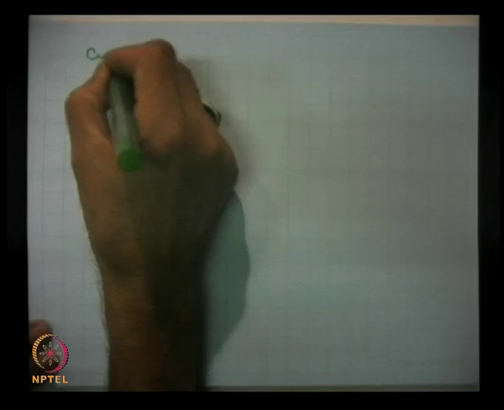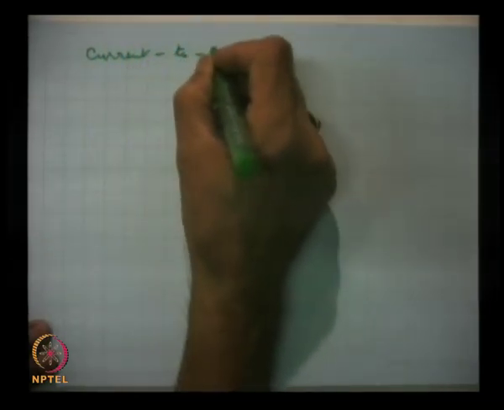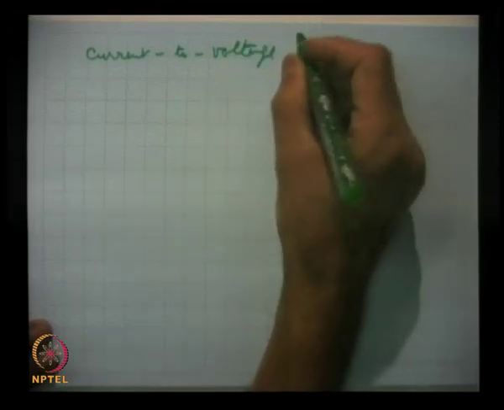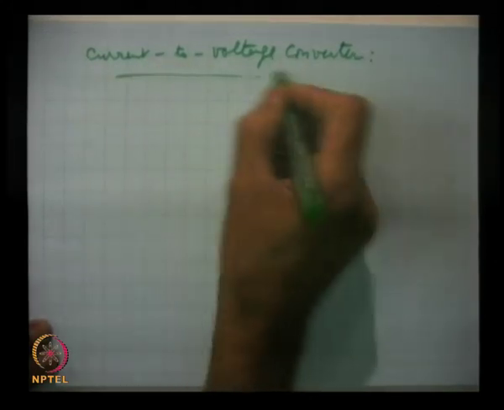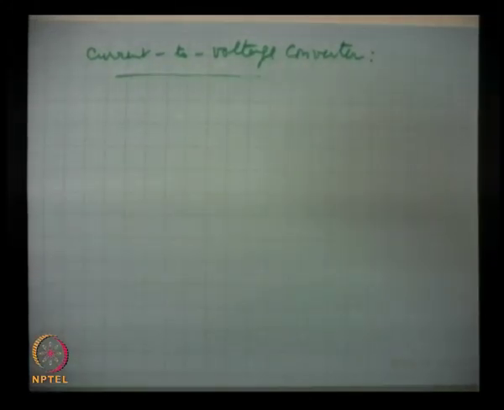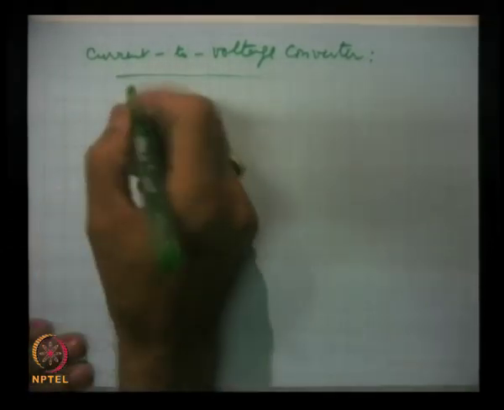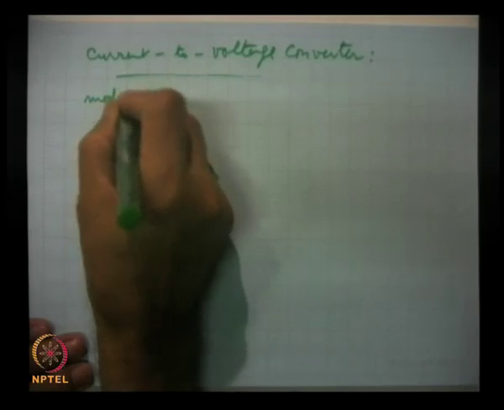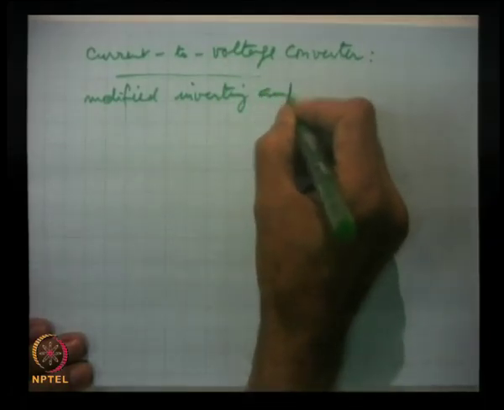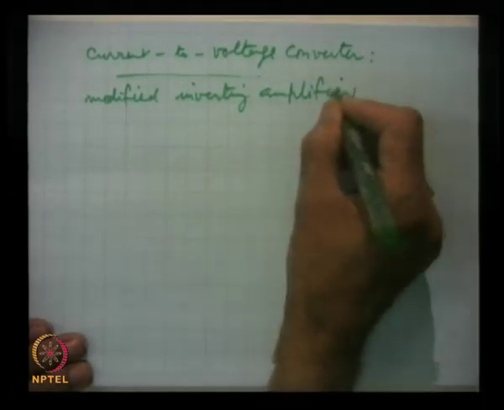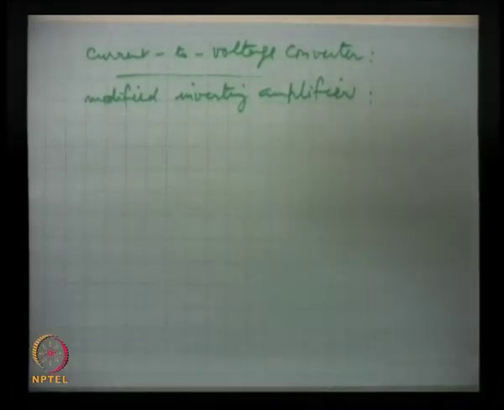Another example let us take, and that is of current to voltage converter. This is a modification of the inverting amplifier, a modified inverting amplifier, which can work as a current to voltage converter.